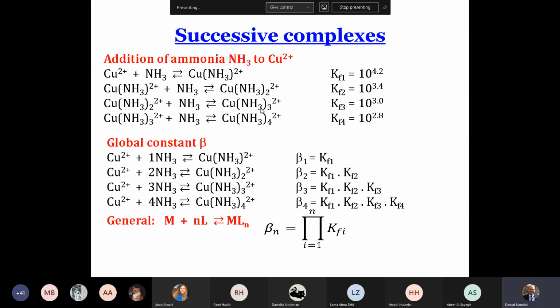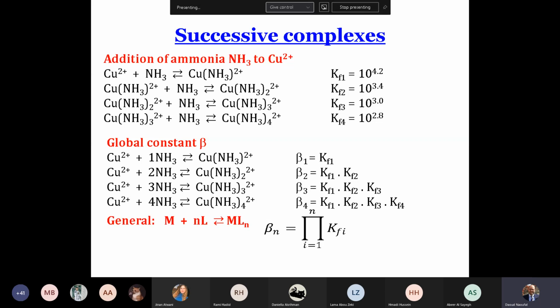The coordination number is equal to 4. In Cu(NH3)3 2 plus, the coordination number is equal to 3. We have 3 ligands around Cu. In Cu(NH3)2 2 plus, the coordination number is 2. And in Cu(NH3) 2 plus, the coordination number is 1.